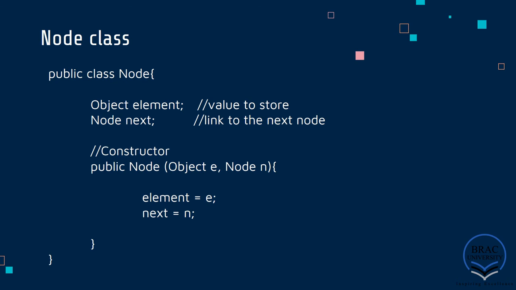Then we have the next, which has the type Node. This is basically an address of the next node that we are going to save, so the data type must be another Node. And then we have a simple constructor here where we have parameters e and n for the object value and for the next address.